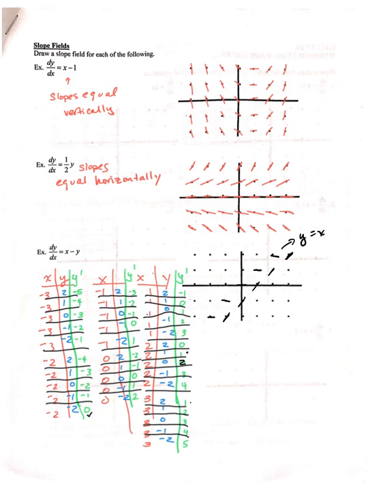All right, so then I'm going to look at the slopes of 2. So I have 3, 1. So just make that a little steeper. Then I have 2, 0. Get the idea?